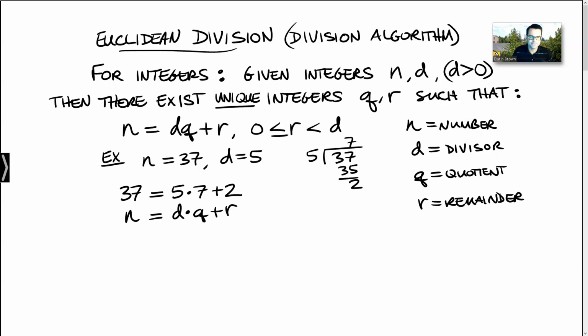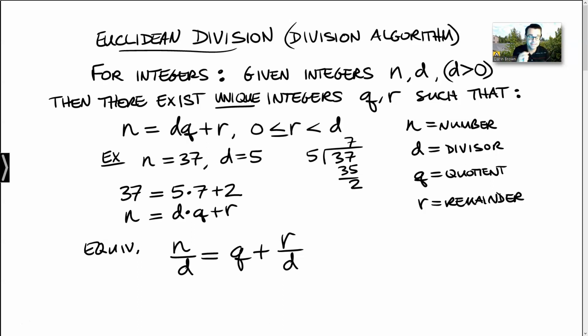If you divide this entire equation through by the divisor, then you have it in fractional form. So equivalently, the equation could read n divided by d is equal to q plus r divided by d.